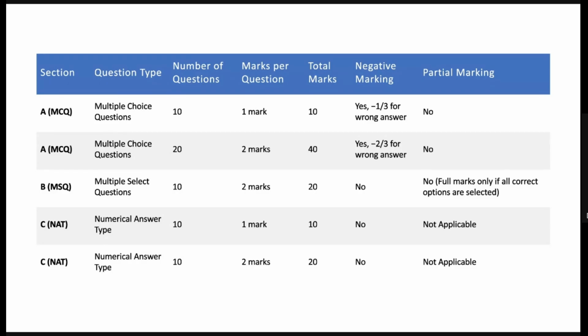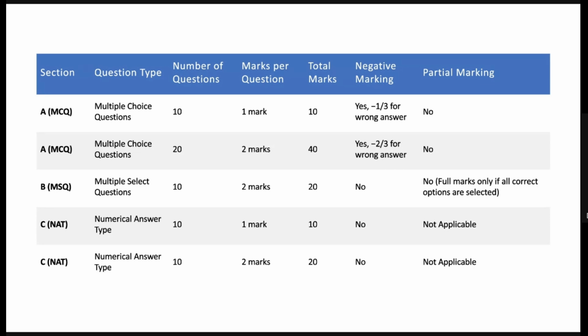We should not guess. And for part B, you will have multiple select questions, and you don't have any negative marking here. But we should keep in mind, if you are not selecting every possible option, or if you are selecting by mistake a wrong option, you will not get marks for that question.